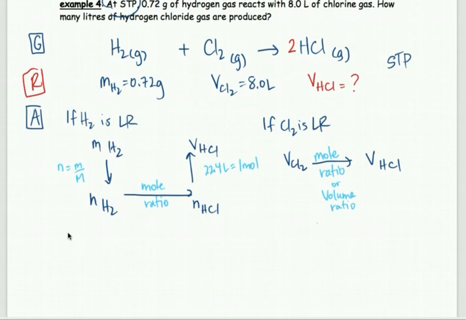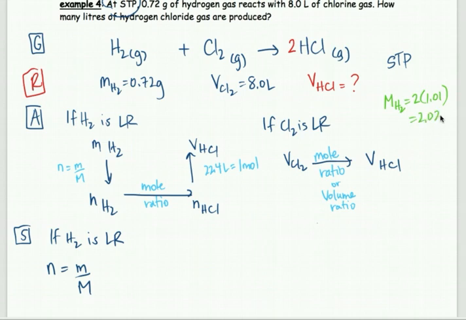Okay, let's start with hydrogen here. If hydrogen is the limiting reactant, we're going to start with finding the amount of hydrogen. Again, the molar mass of hydrogen is 2 times 1.01, which is 2.02 grams per mole.